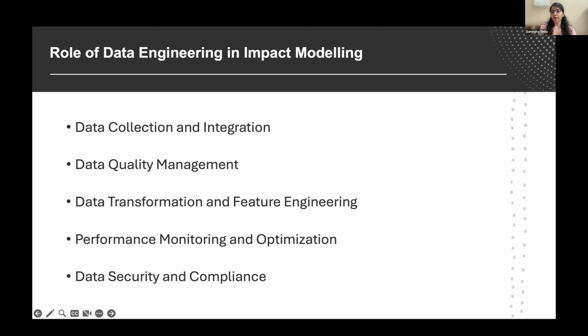We have to make sure all the data sets are correctly integrated in our systems, and we have unified systems so that we have a consistent data set, and the data format that we require is in line with expectations.